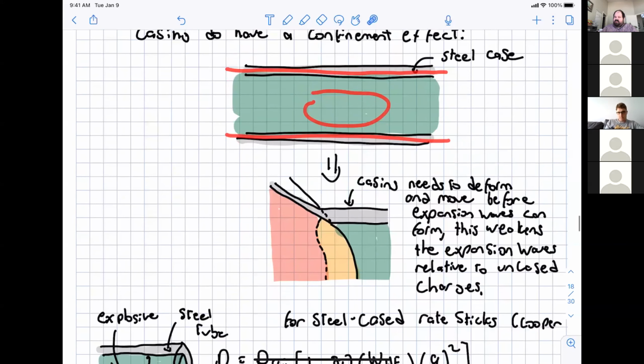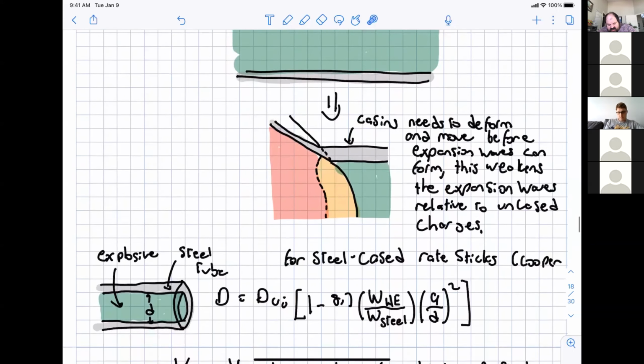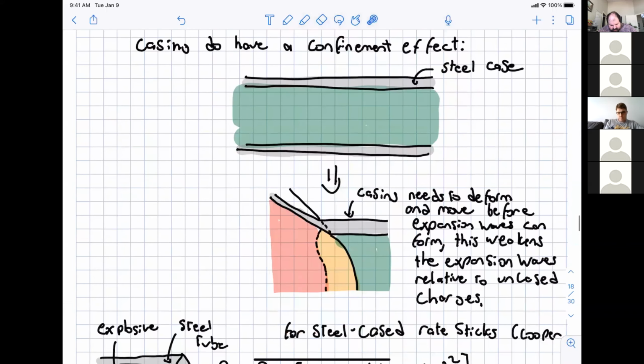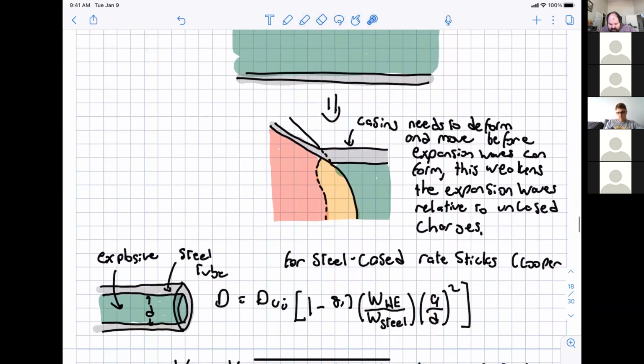And the fact that there's casing there greatly changes how these expansion waves form that propagate inside of the reaction zone from the side relief that is produced by the gas flowing out the side of the explosive charge, because essentially before the expansion waves can form, the high pressure needs to push the casing out of the way.